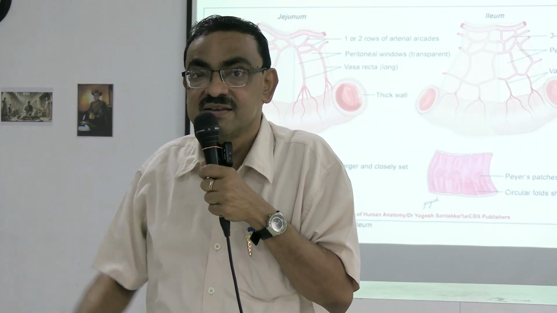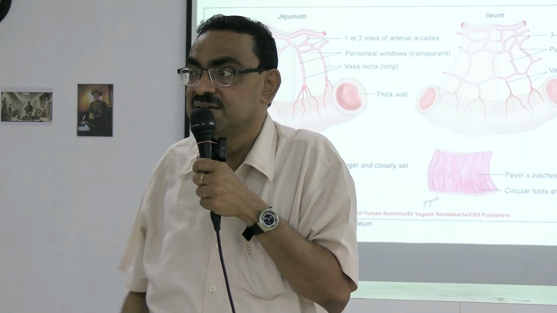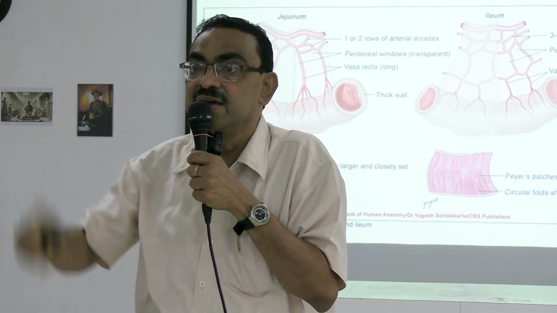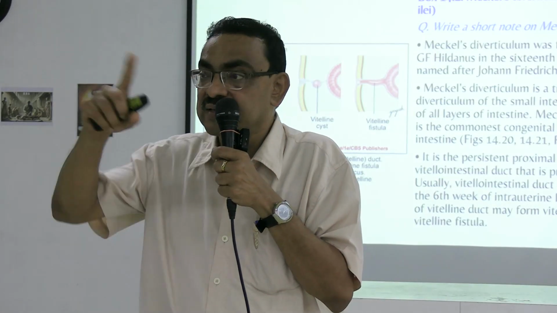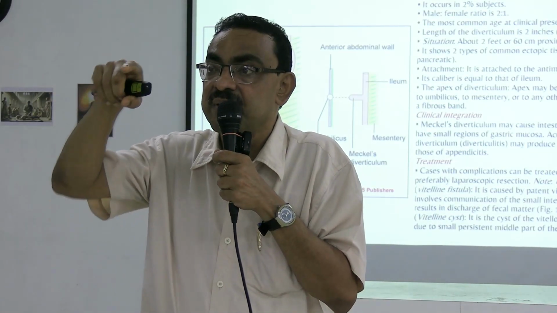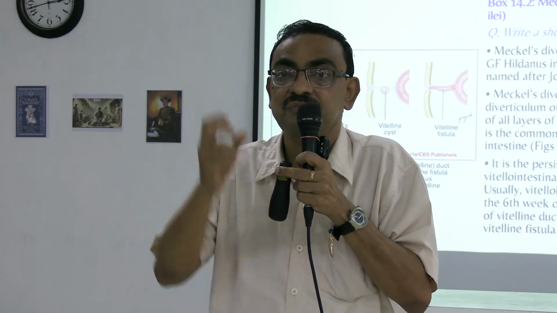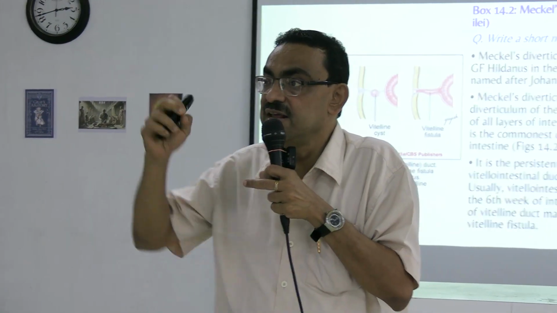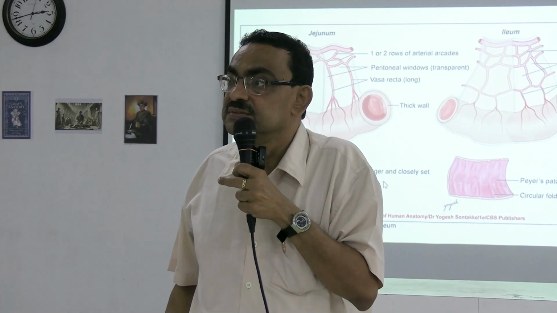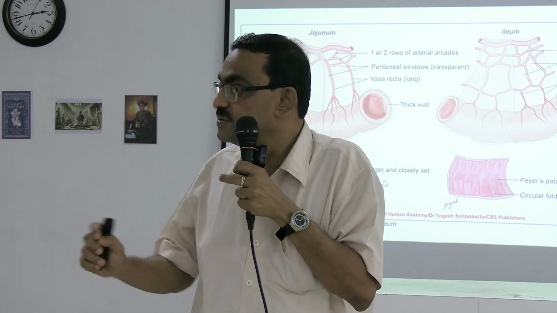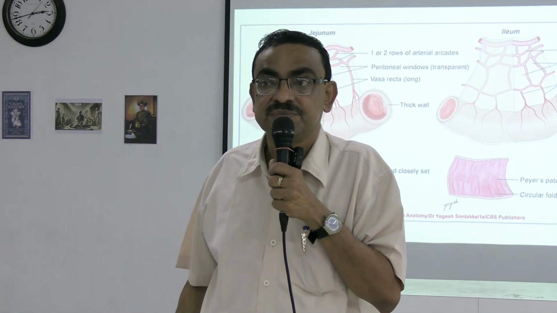Columnar cells help in absorption. They have got microvilli. Over the cell membrane we can find some microvilli, which are finger-like projections, villi and microvilli. So they help in absorption.